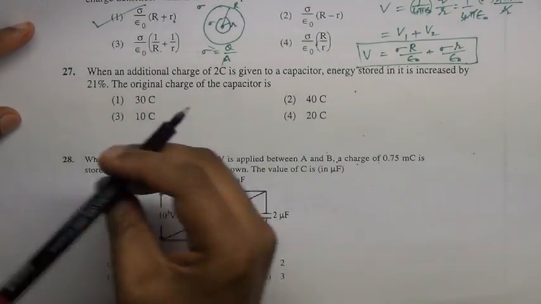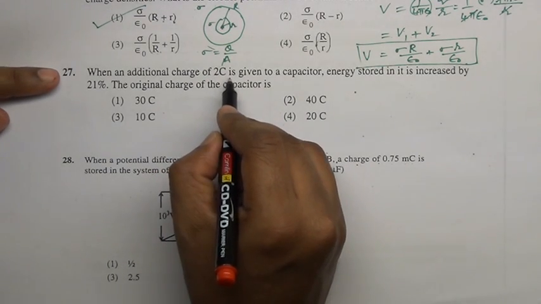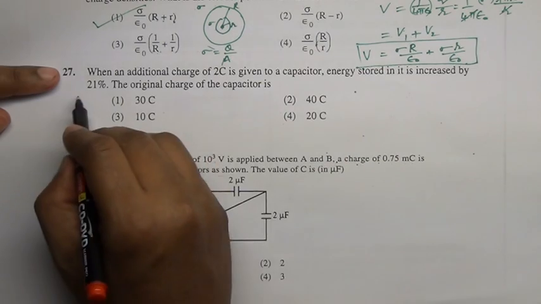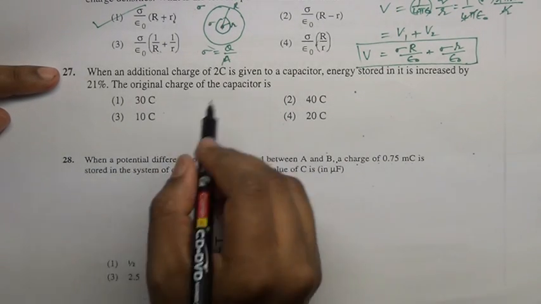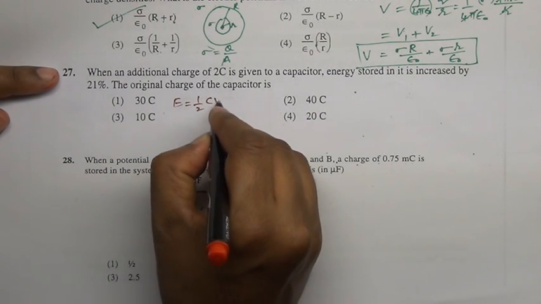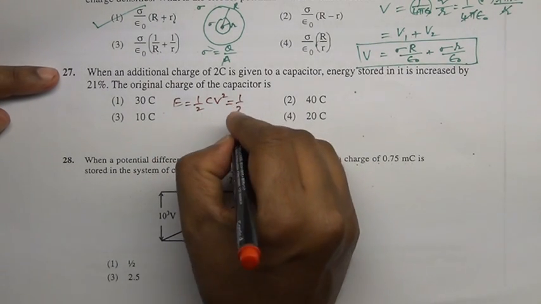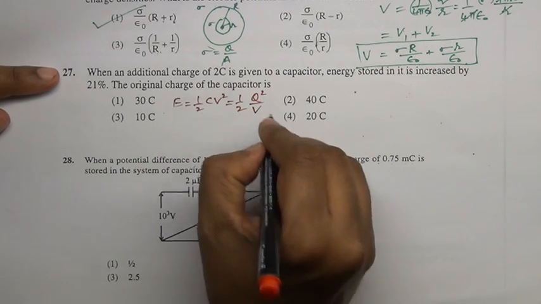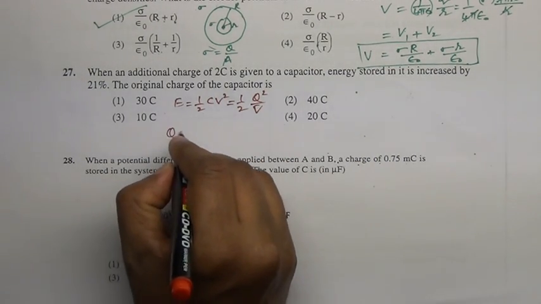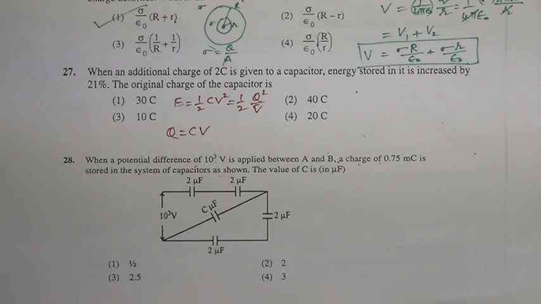When an additional charge of 2C is given to a capacitor, energy stored in it is increased by 21%. Original charge on the capacitor? Energy equal to half CV square, also equal to half q square by C, and q equal to CV. So these are the equations that we know.